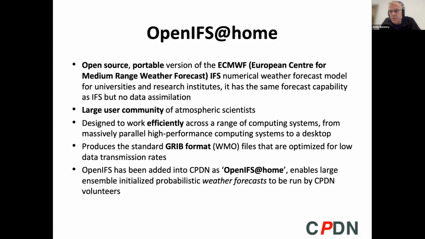This has been specifically produced for universities and research institutes. One of the key things is that it has a large user community of atmospheric scientists. That was the key plan around OpenIFS at home.